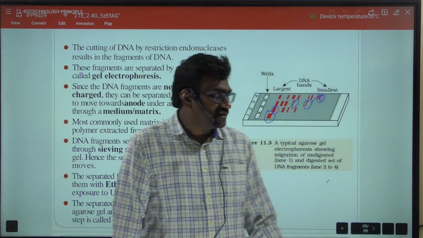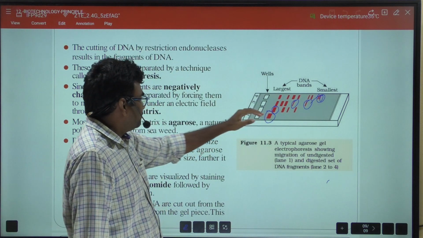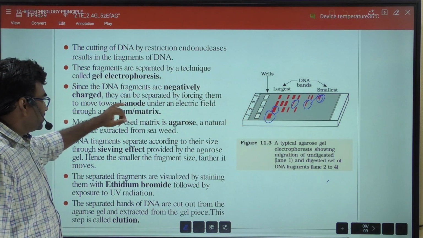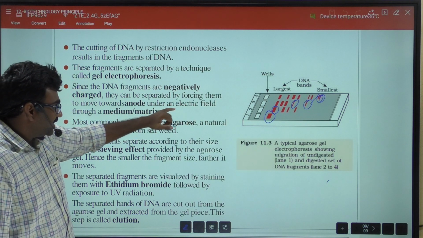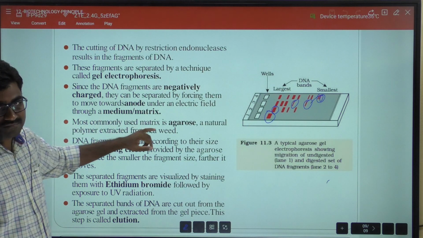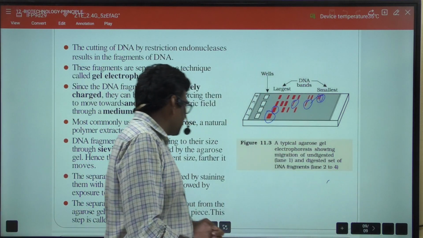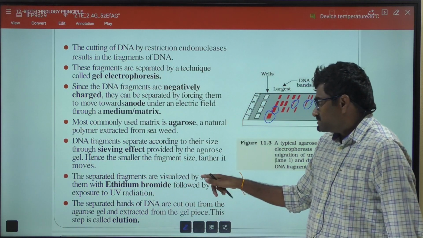And they are forced towards the anode, because this DNA is a negatively charged molecule, and they can be separated by forcing them to move towards the anode under an electric field through a medium or matrix, that is nothing but agarose gel. Okay, so here the separated fragments are visualized, very important.